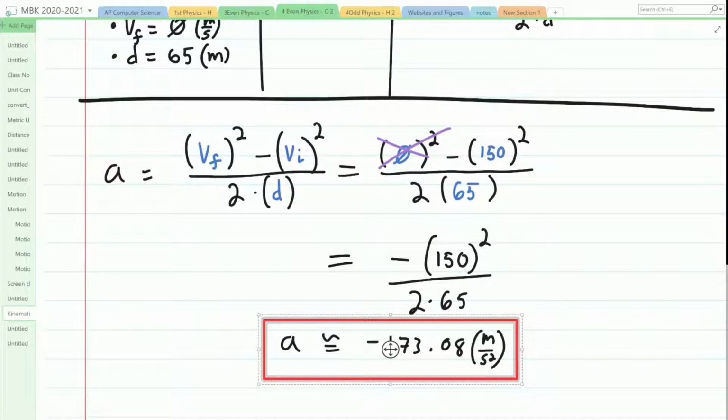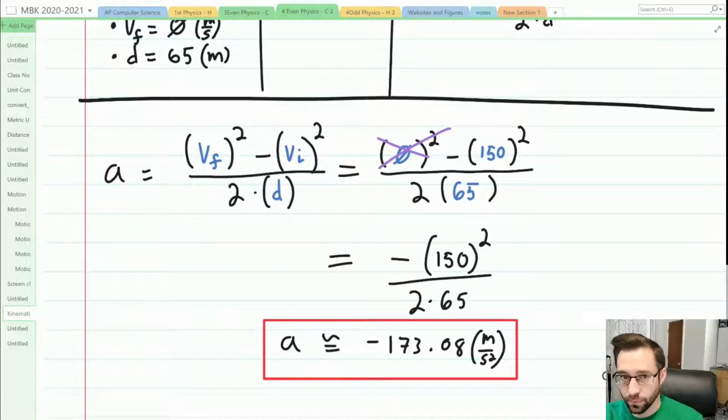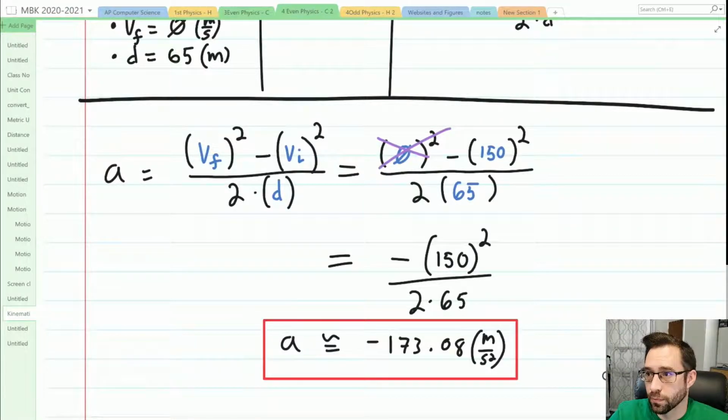Okay. So, does anybody have any questions whatsoever with this? Is everybody cool with this? If you're cool with it, tell me. Say, si, senor. If you don't know, say, no sé.